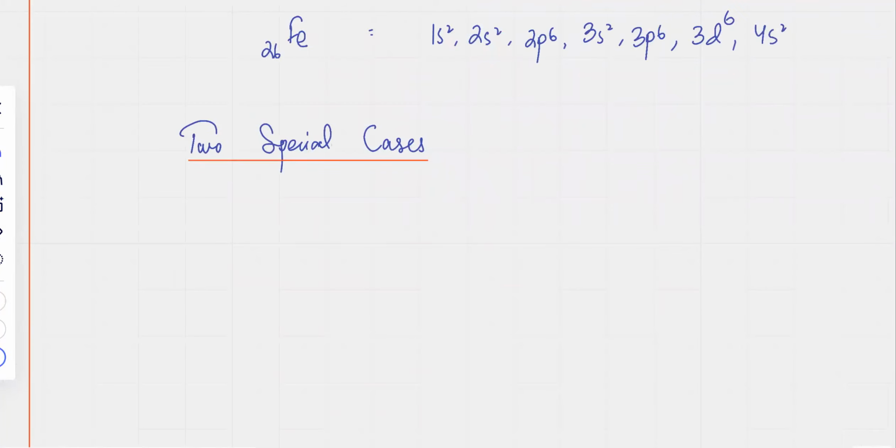I said two special cases. Number one is copper. Copper has 29 electrons.